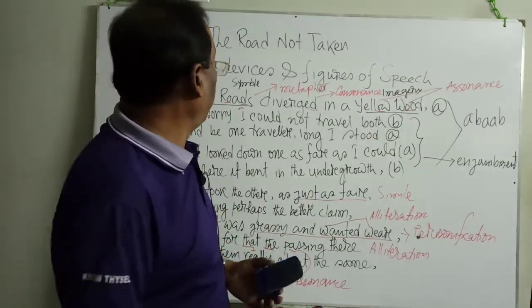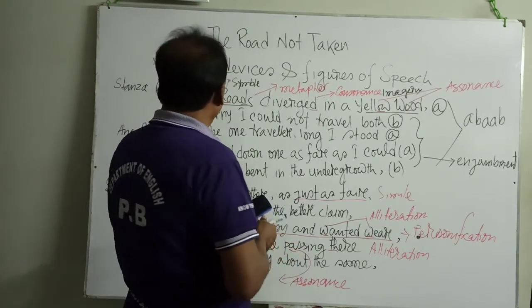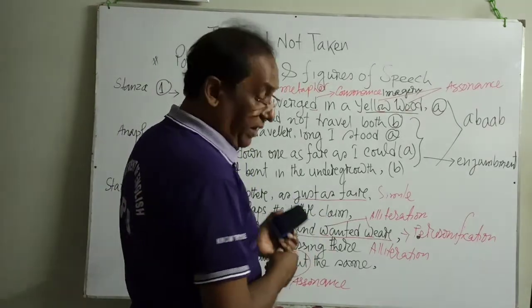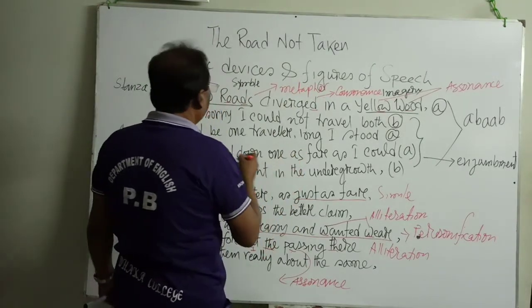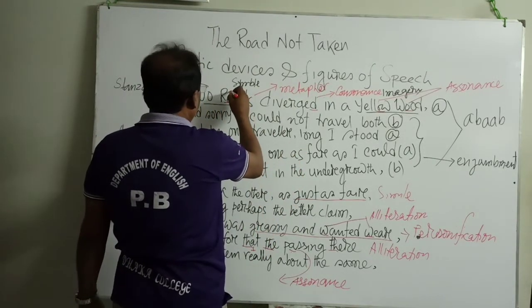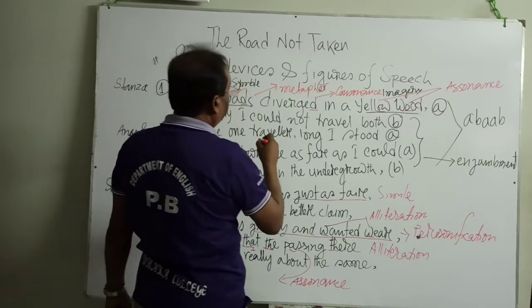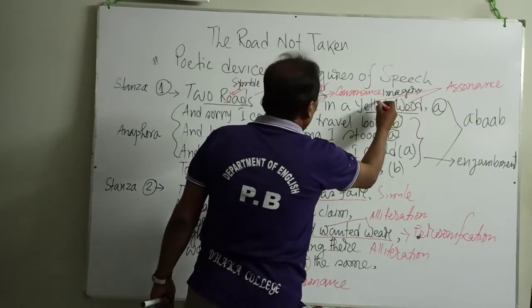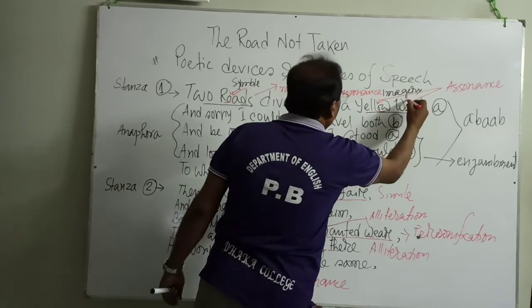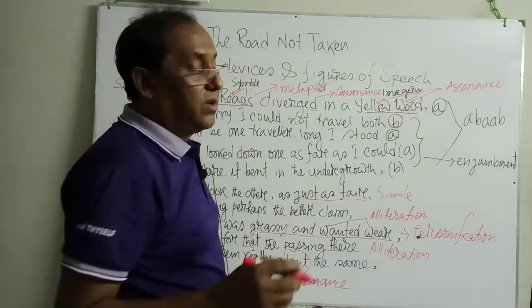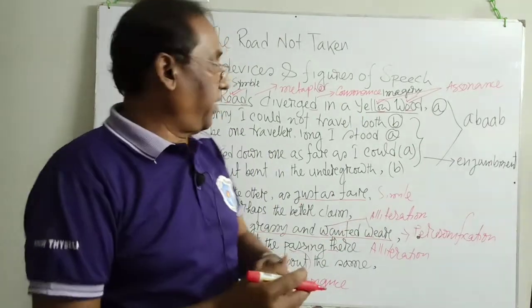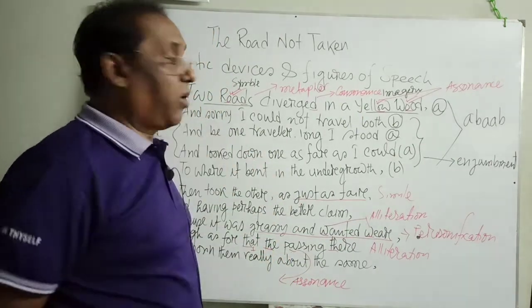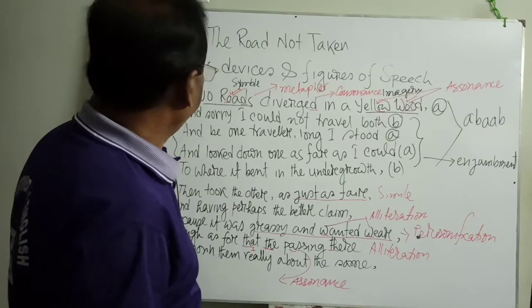As for example, in the first line, we find the repetition of O sound, vowel sound, O. Again, yellow, O. Further, wood, O. That is, O sounds are repeated, and this is called assonance.